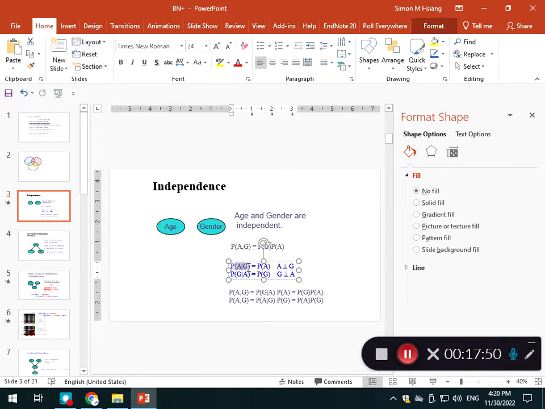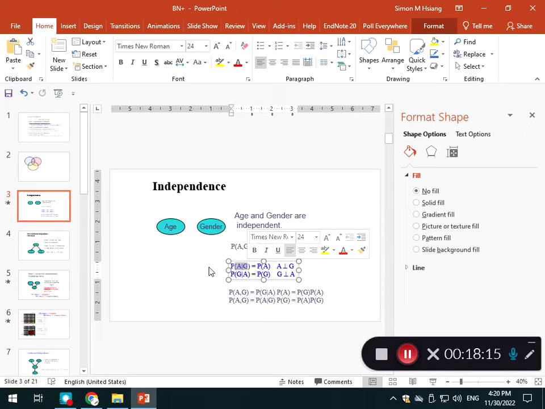Asking you about your gender, given that I already know the probability of your age, by knowing your gender is not going to provide me anything. Let me put it this way: I ask, how old are you? Are you 30 years old? There's a probability that you're 30. By guessing you're 30, does that change because I know your gender?